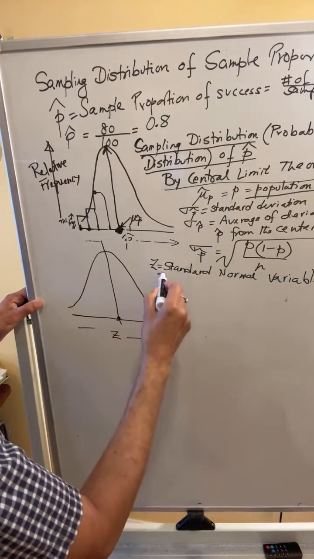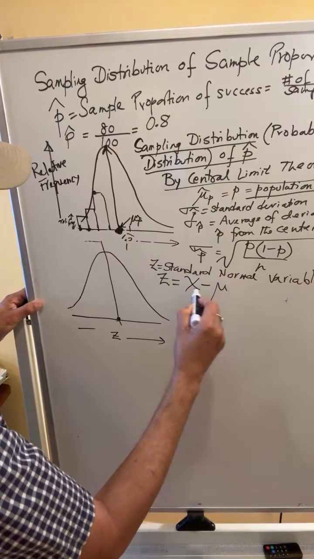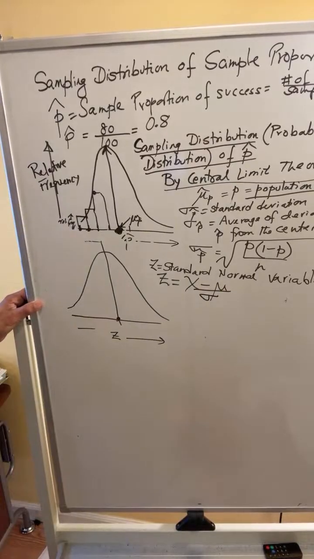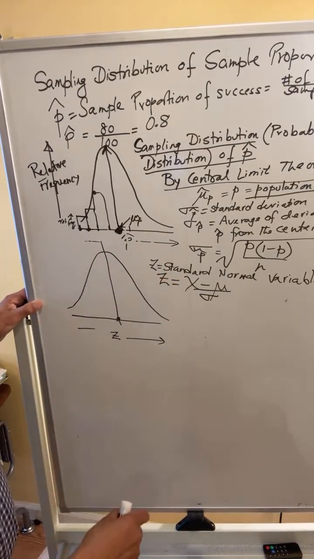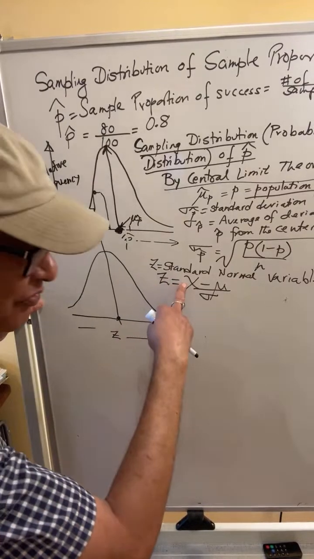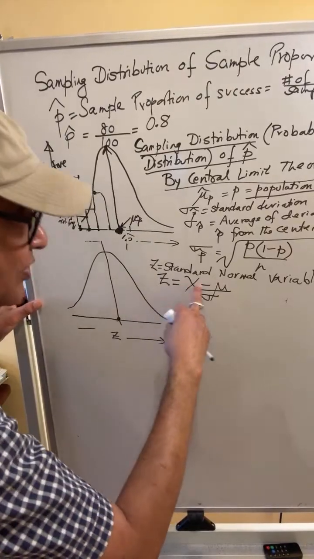And what is the definition of Z? It is X minus mu by sigma. So what is my X? X is any value in the distribution. X is the random variable that I'm measuring: people's height, people's weight, people's income.